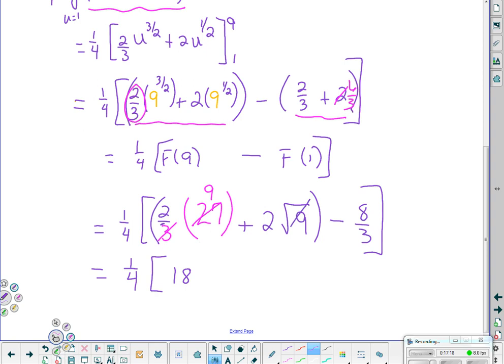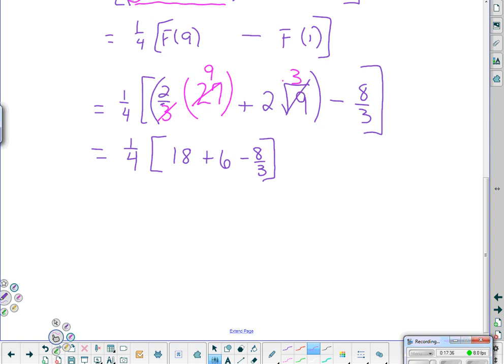And then square root of 9 is a 3. 2 times 3 is going to be a plus 6. And then I have the 8/3, so minus 8/3 going on. Keep proceeding.